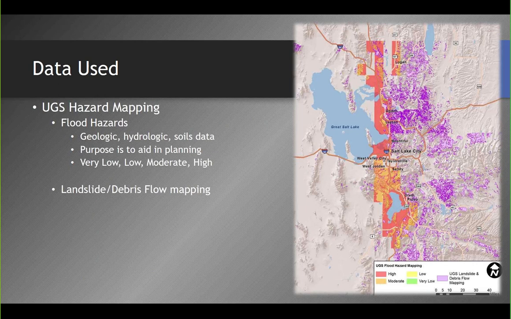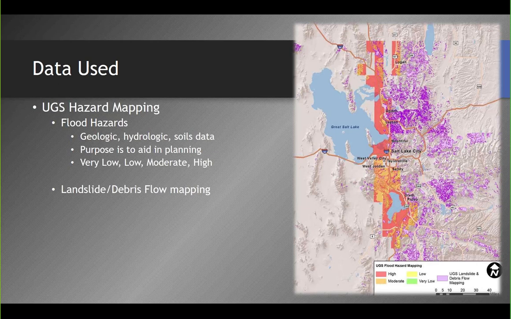Another great data set we found and utilized was Utah Geological Survey hazard mapping. The UGS is actively mapping lots of different types of geologic hazards, and they had initiated a project to map flooding hazards along the Wasatch.